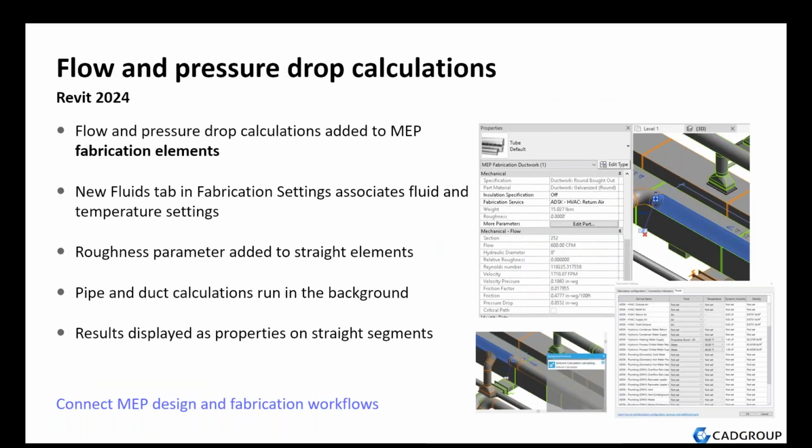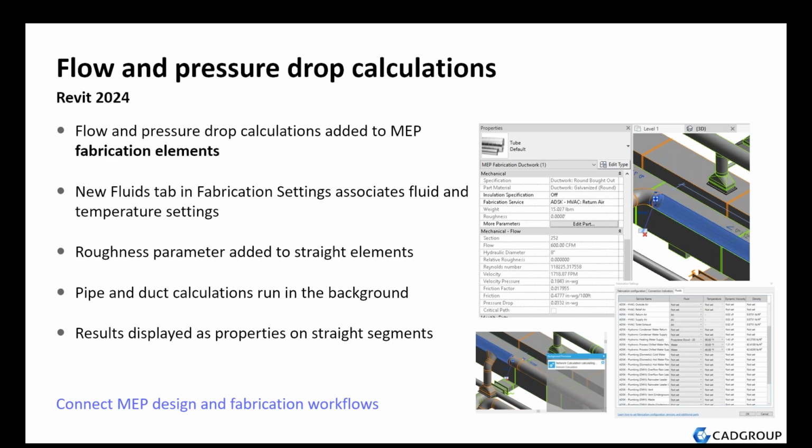Okay, interesting. The way that flow and pressure drop calculations have been worked is interesting. There's a few enhancements, but one of the big ones is that flow and pressure drops now work with fabrication elements.